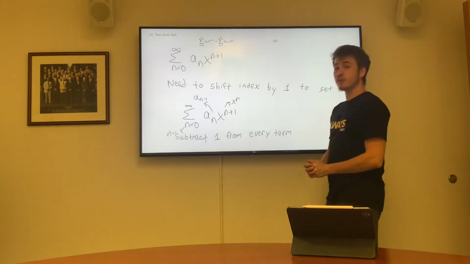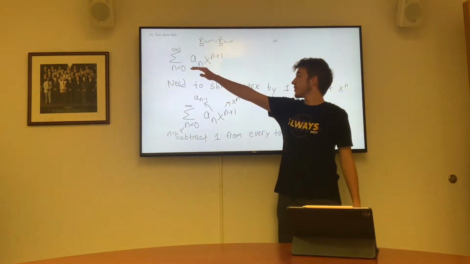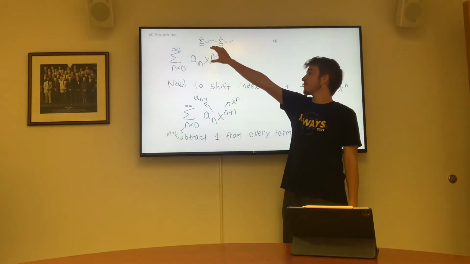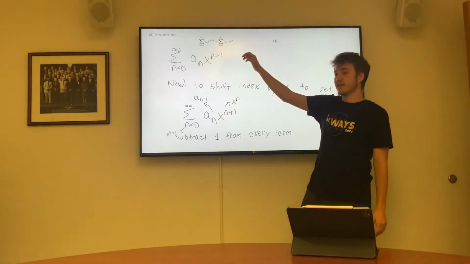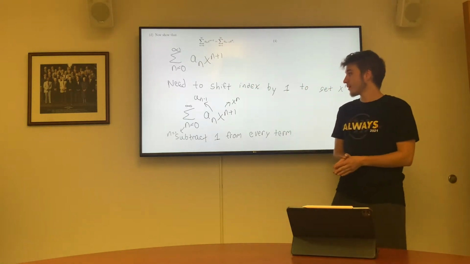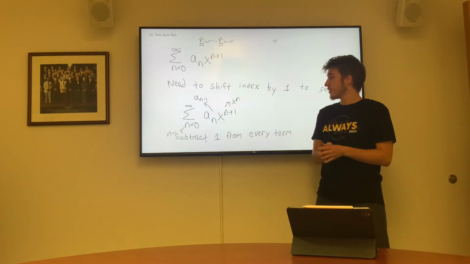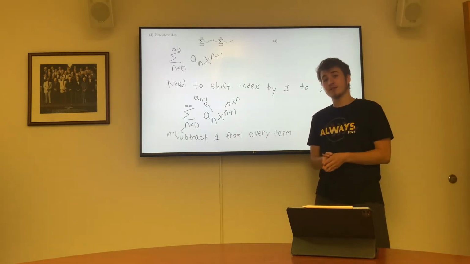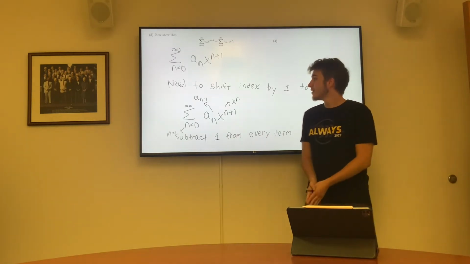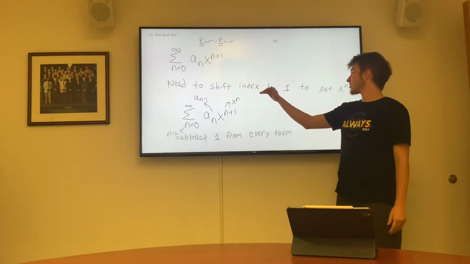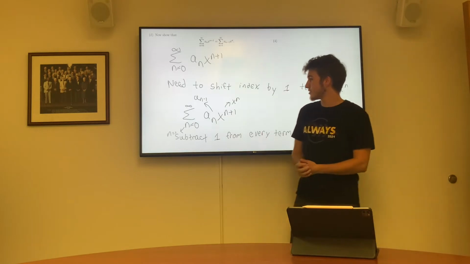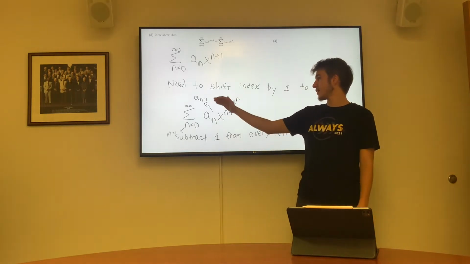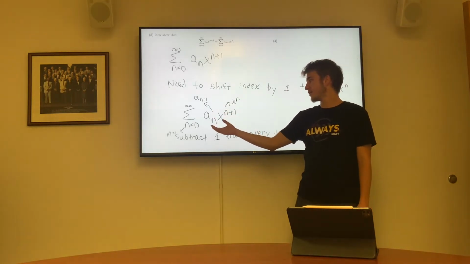Given what Wyatt showed us, the sum for x times y is a_n times x to the n plus 1. Now going off what Joe did, we don't want that x to the n plus 1. We need to shift the index by 1 to get the power x to the n. To do that, we subtract 1 from each term with an n in it.